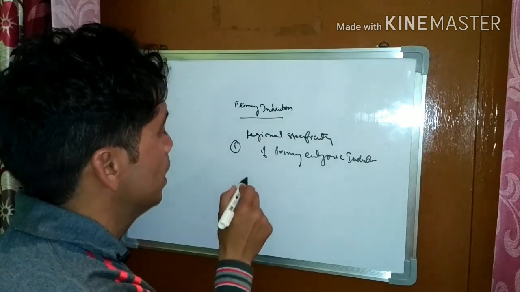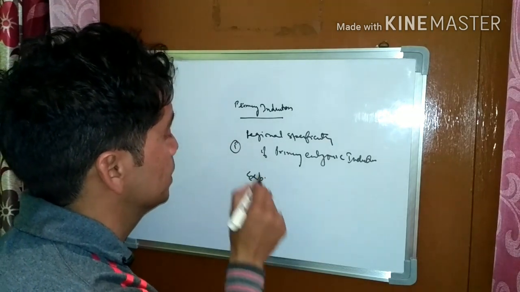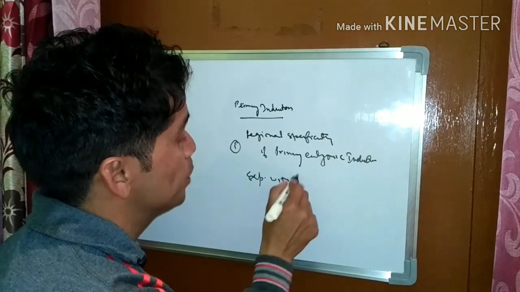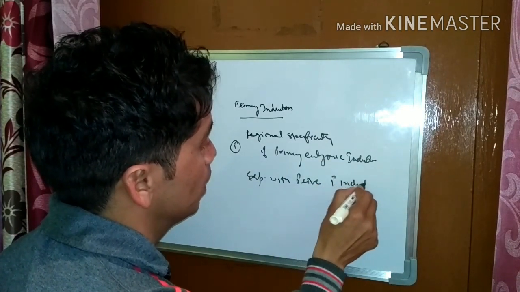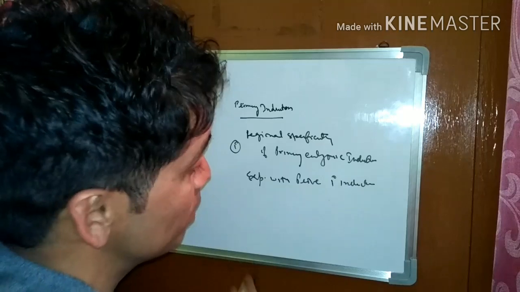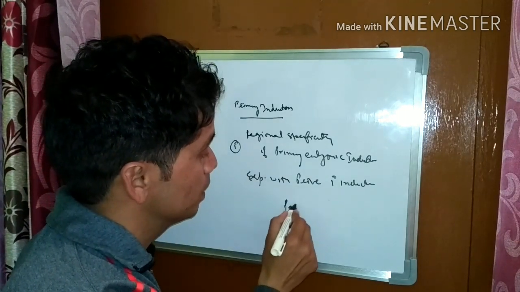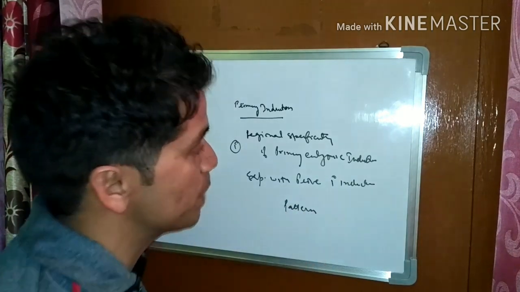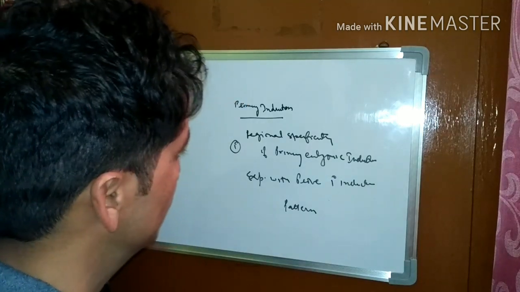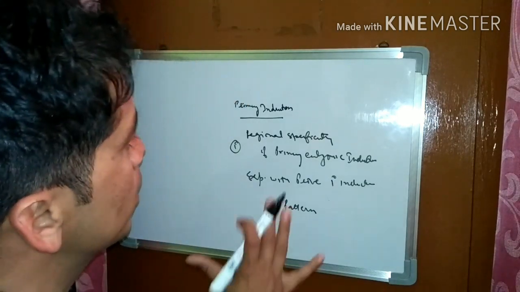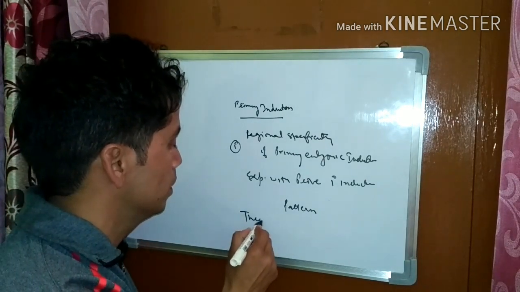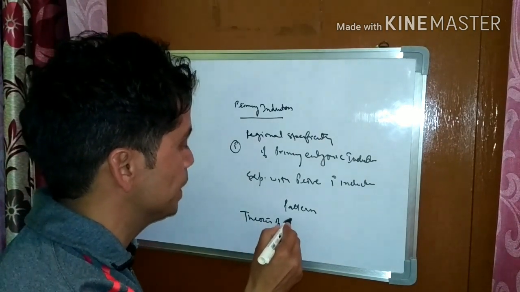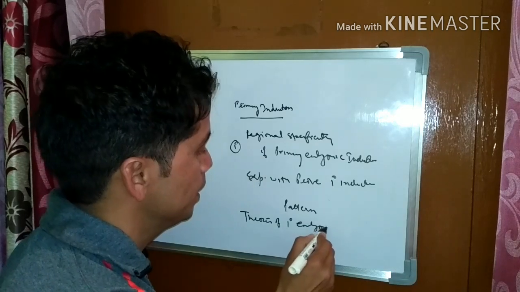Then experiments which prove primary induction. These experiments prove the pattern in which the primary induction occurs. Also under primary induction come the theories of primary embryonic induction.